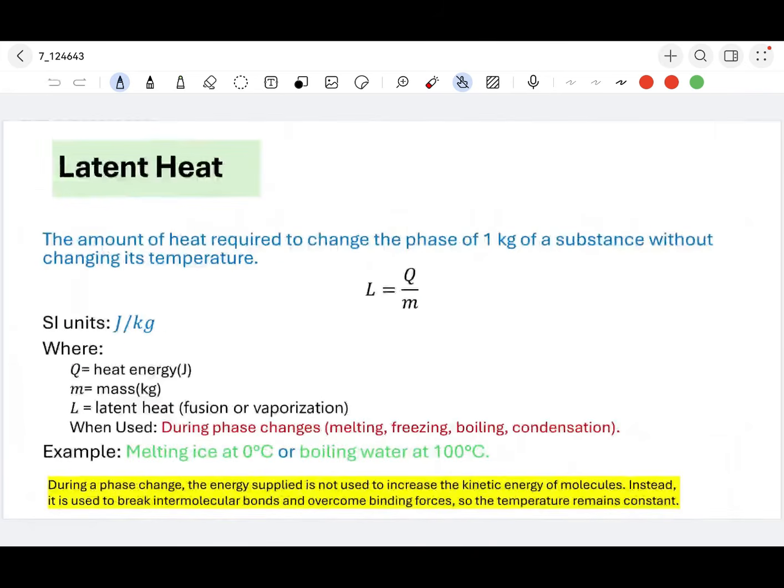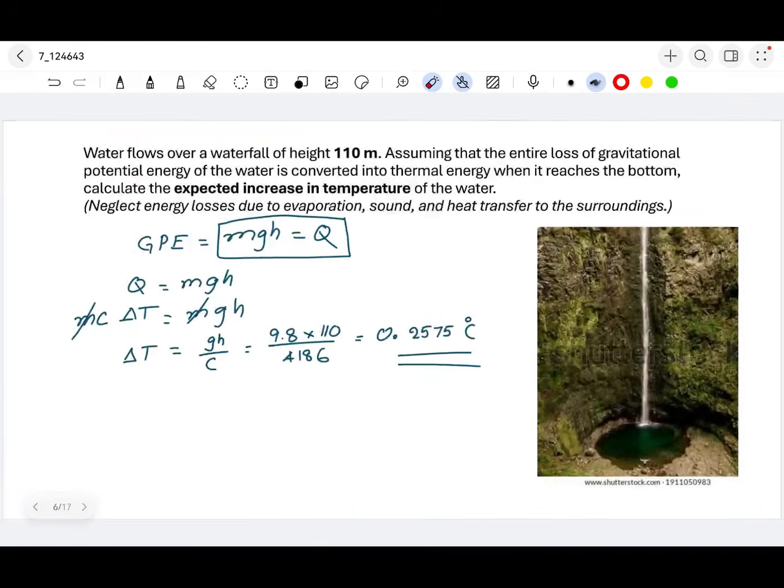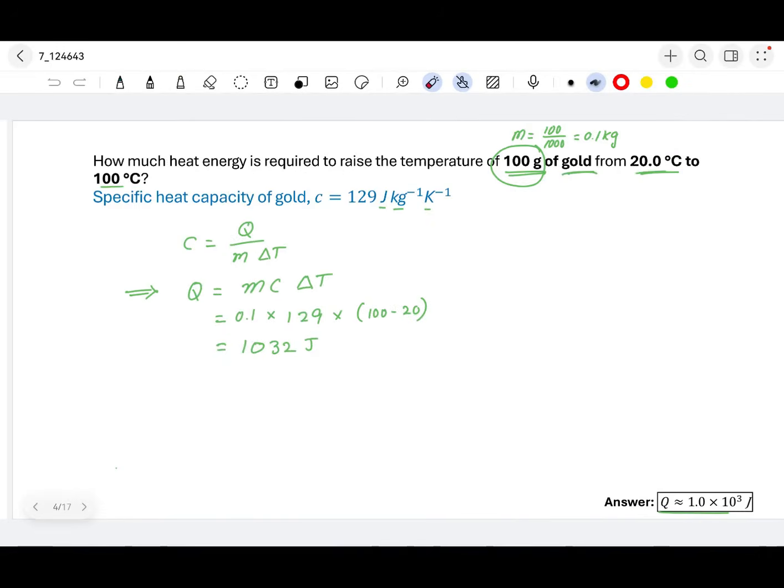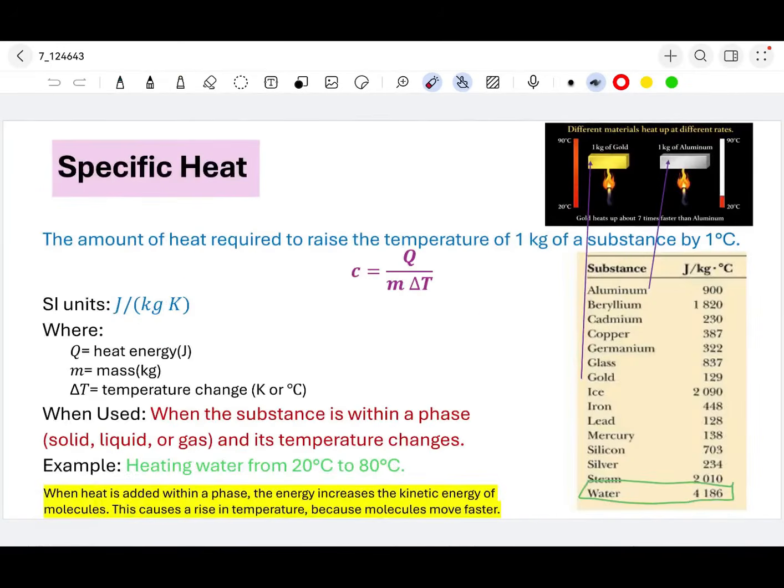Next one. Our next topic is latent heat. So far we have seen the specific heat. In the specific heat, whatever the heat energy supplied to a substance, we found there is a rise in the temperature. The state of the substance remains the same.